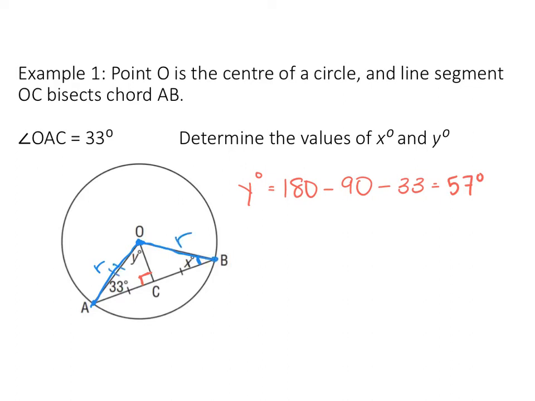So if I know that two sides are the same, I have an isosceles triangle. If I think back to what we were talking about at the beginning of this presentation, when I have an isosceles triangle, these angles at the bottom here from our two equal sides are going to be equal. So using what we know about our isosceles triangles, we know that X will also be 33 degrees.